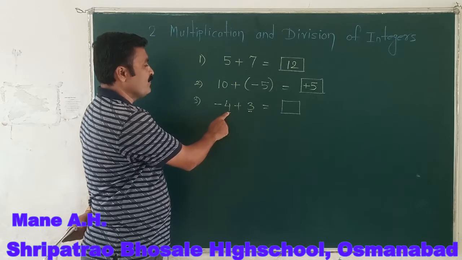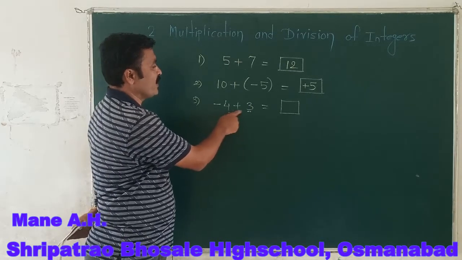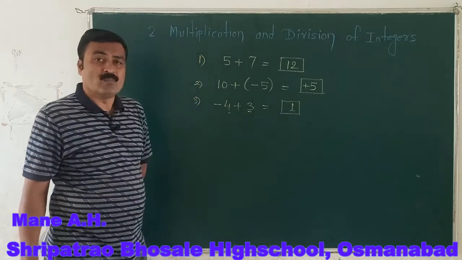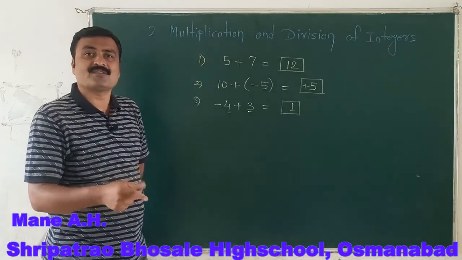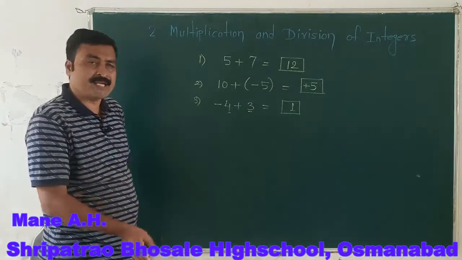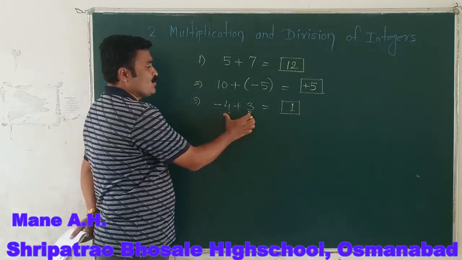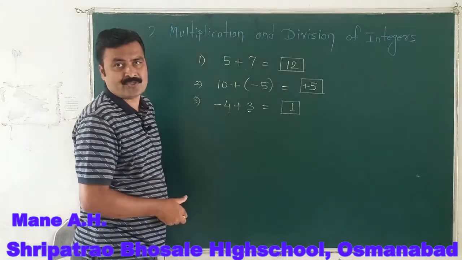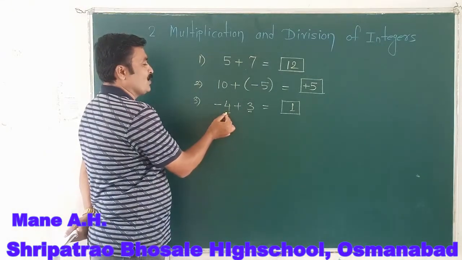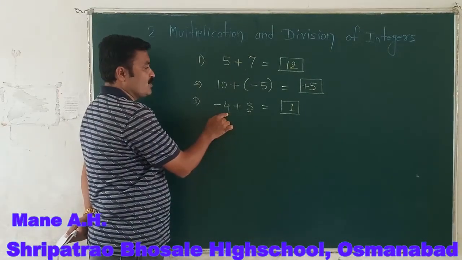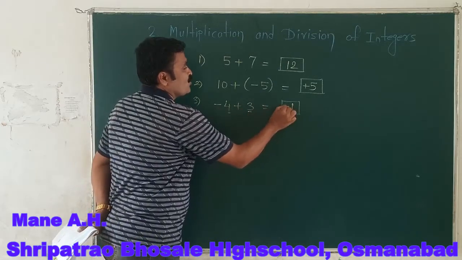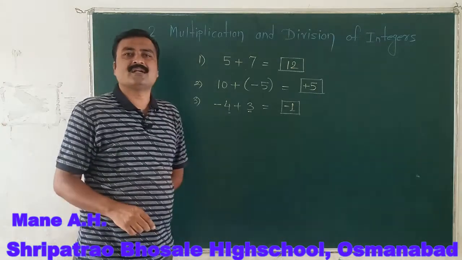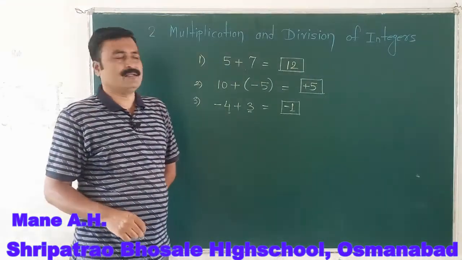The difference between the magnitudes 4 and 3 is 1. Thereafter, the important step, we have to attach a plus or minus sign to the answer. So how to decide? Let's decide which integer has more magnitude. I think -4 has more magnitude, so we attach the minus sign to the answer. So -4 plus 3, this sum comes to -1.